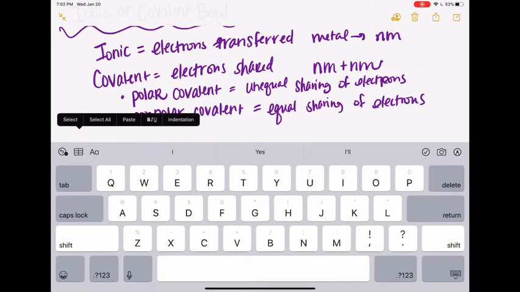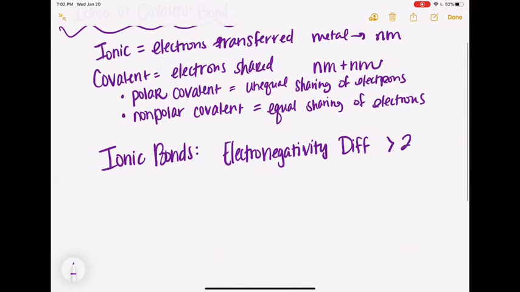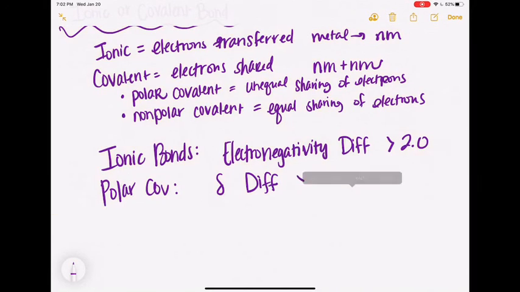For an ionic bond, ionic bonds form with an electronegativity difference greater than 2.0. Polar covalent bonds form with an electronegativity difference, this is the symbol for electronegativity difference, that's a Greek symbol, greater than 0.4.